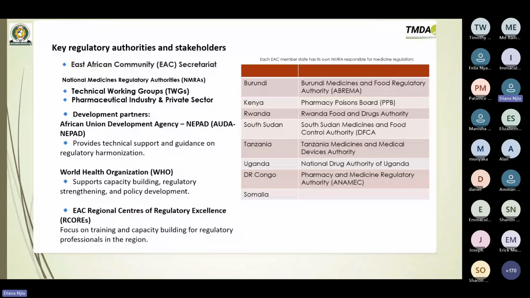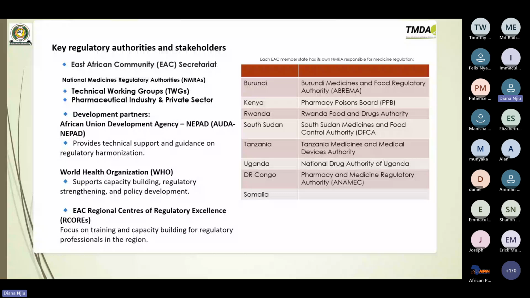These technical working groups continue to be involved in different activities within the pathway. We also have the pharmaceutical industry and private sectors, and some development partners such as African Union development agencies that have been providing strong technical support and guidance on the regulatory harmonization throughout the process.